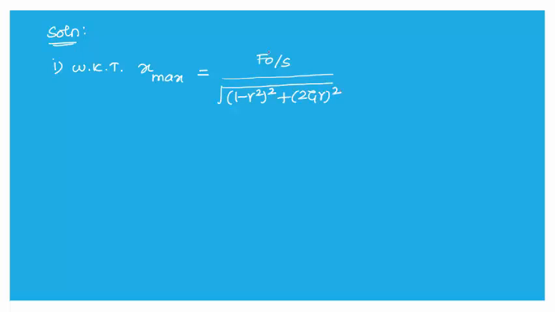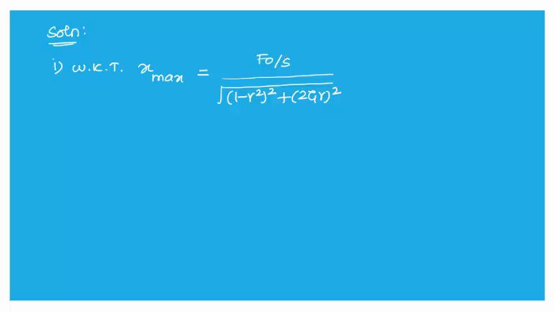We know that the formula for the maximum amplitude of forced vibration X max is equal to F naught divided by S, divided by root of (1 minus r square) the whole square plus (2 zeta r) the whole square, where F naught is the maximum value of the applied force, S is the stiffness of the elastic structure, r is the frequency ratio, and zeta is the damping ratio. By substituting all the values, we can calculate the value of X max.